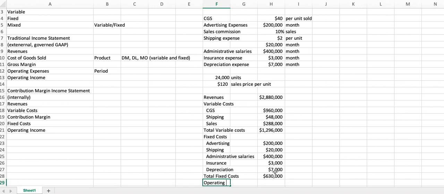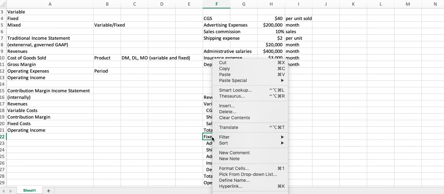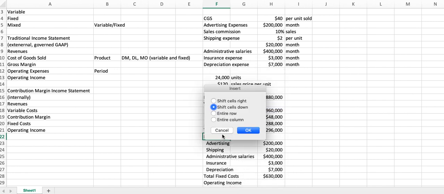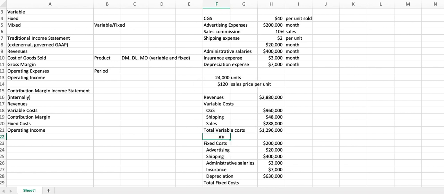And then I would have my operating income, which is my contribution margin, which I did not calculate yet. So let's go back and do that. Right here, I would want to insert a line and have my contribution margin, most important thing, and I forgot it, which is my sales, my revenues, minus my total variable cost.